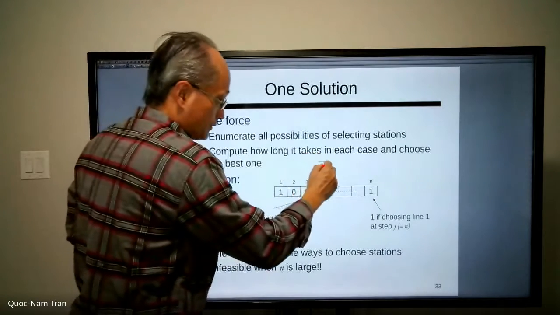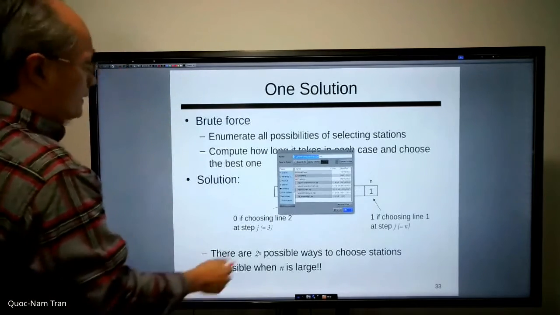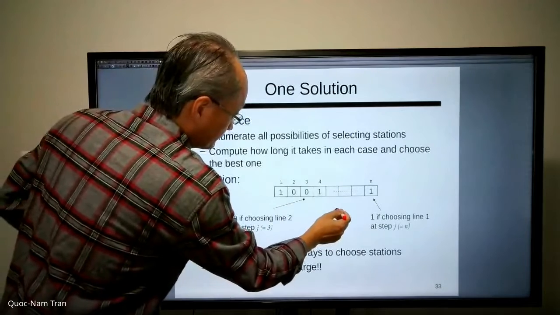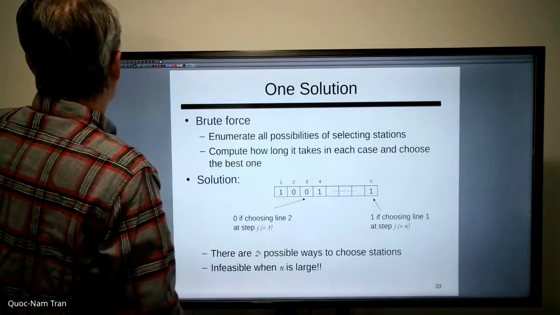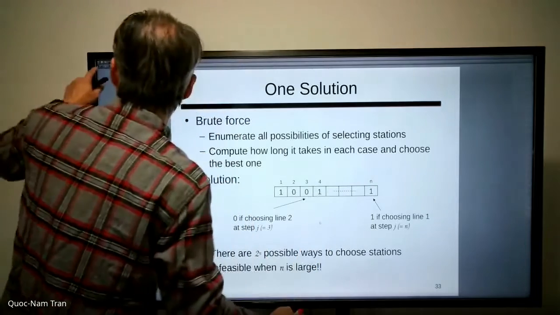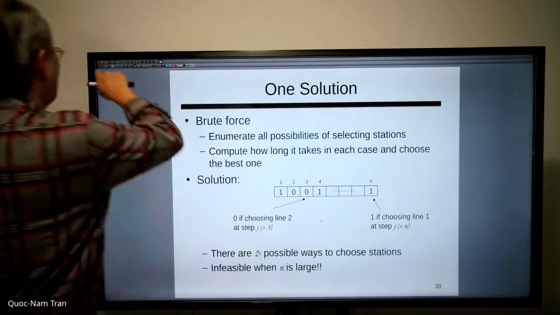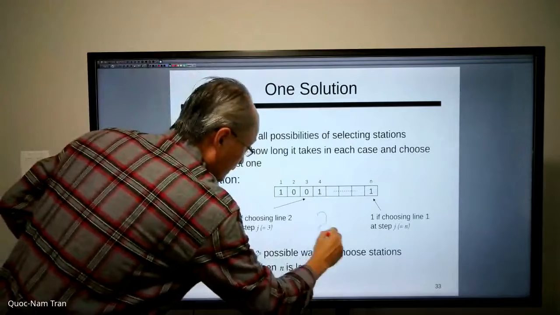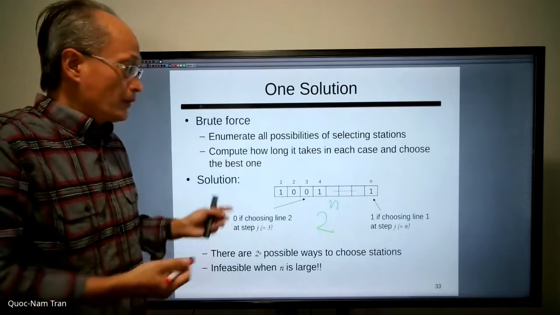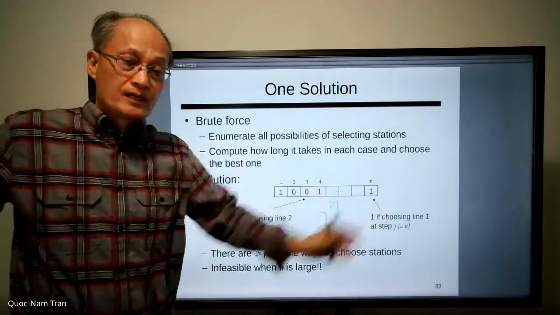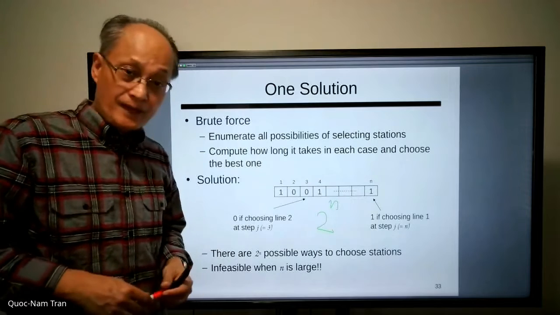So it will be 2 power to the n. And it's exponential, meaning that if we have an assembly line with, say, 20, 30 stations, the algorithm will take forever to finish. Okay?